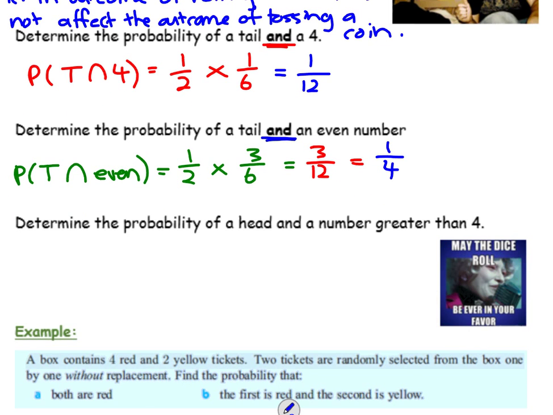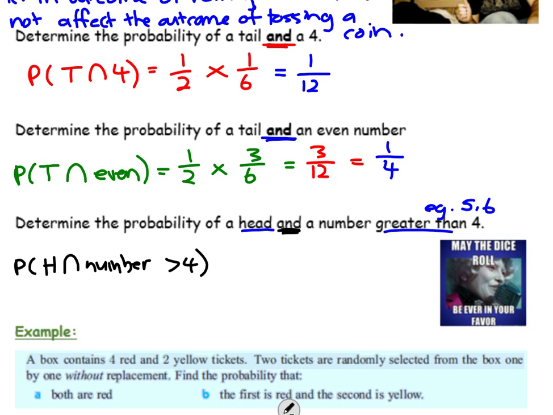Now determine the probability of getting a head on the coin and a number greater than 4. So by number greater than 4, we mean, for example, a 5 or a 6. So let's go set that one up. Probability of head, and it's got the word and, so intersect number greater than 4. You could have written out the words greater than 4.